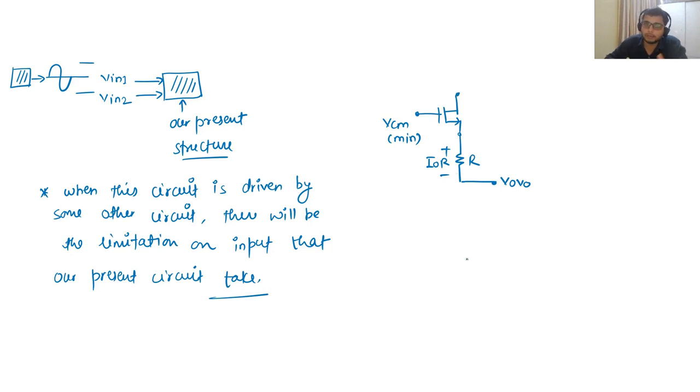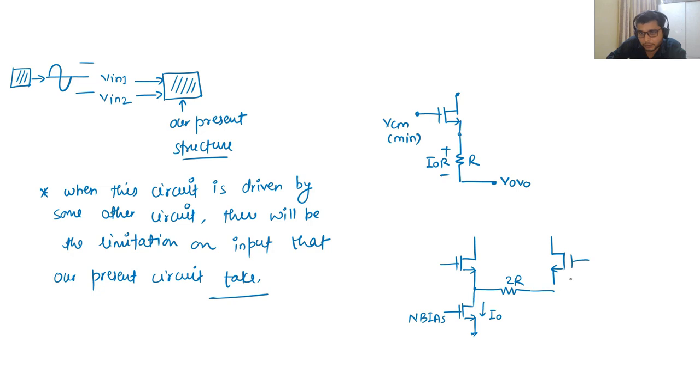On the other hand, if the same thing is seen for the second circuit, let me draw it here. Here I have N bias, where I am allowing only I naught, so the sizing is W only.